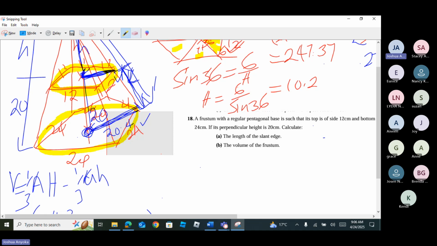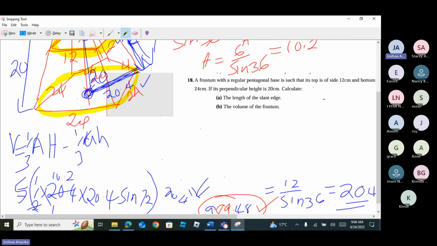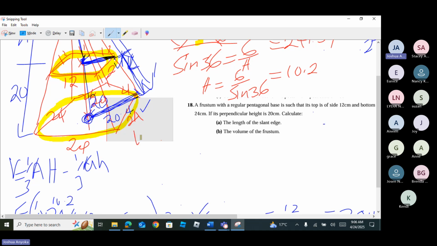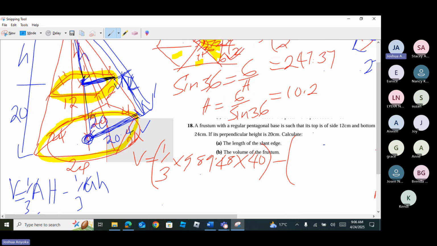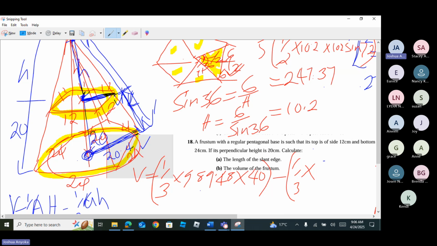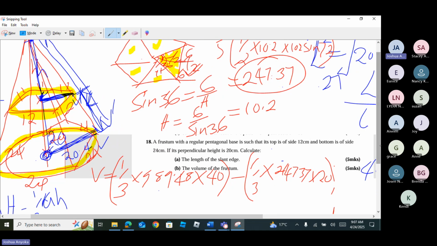So the volume of the bigger pyramid is a third times the base area, 989.48, times the complete height, which was 40, minus the volume of the smaller pyramid that was cut off, a third times 247.37, times the height, which is 20. And then we can now find the volume.